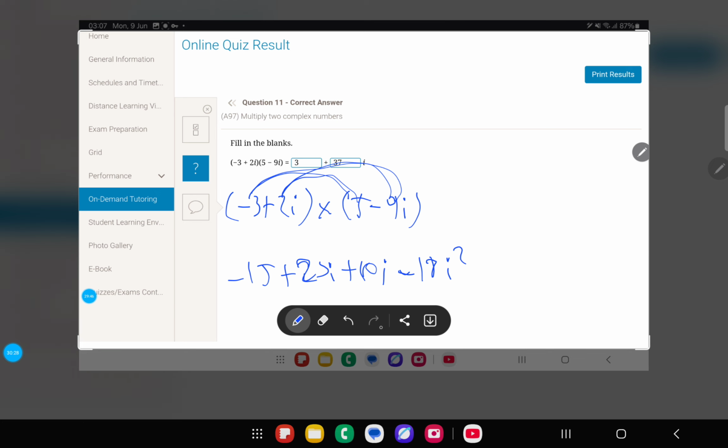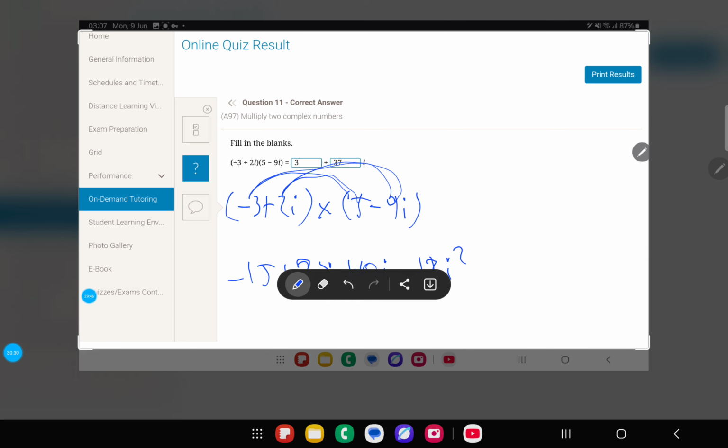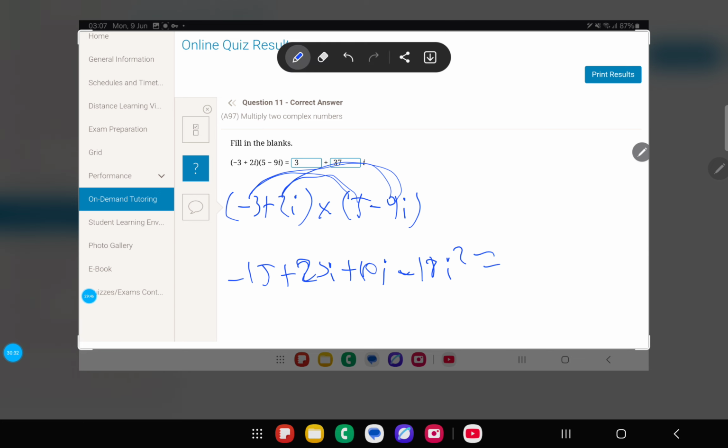squared. Okay? Now just add them up. Negative 15 is alone. 27i plus 10i is 37i, right? So you put 37i. Now negative 18i squared, as we said, i squared is negative 1.